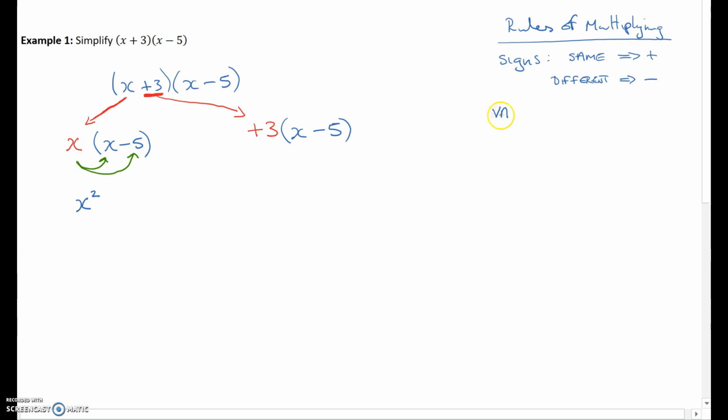For variables, if it's the same variables, you simply add the powers. If they're different variables, then you write them, usually in alphabetical order.